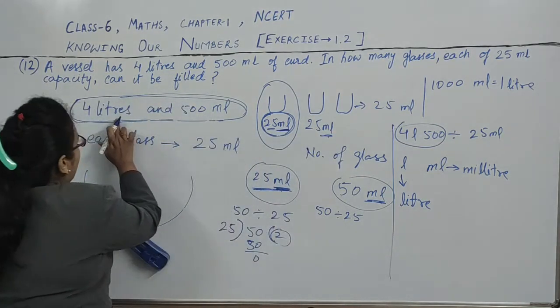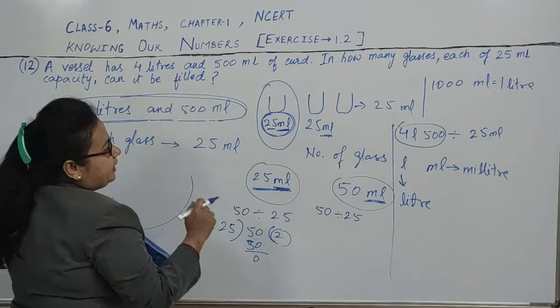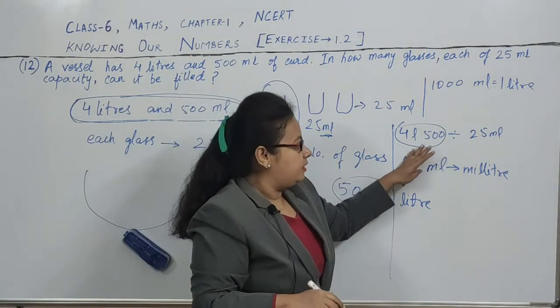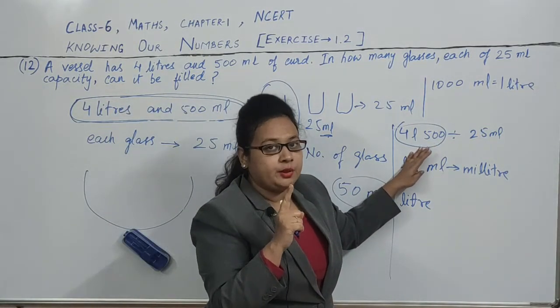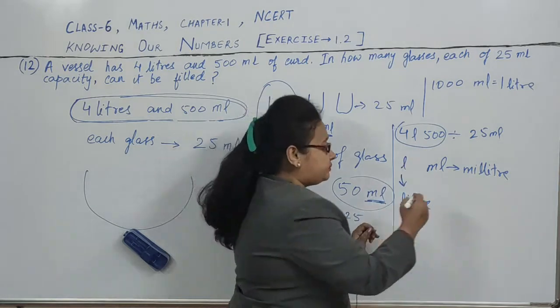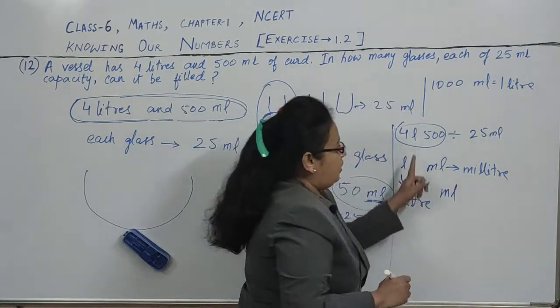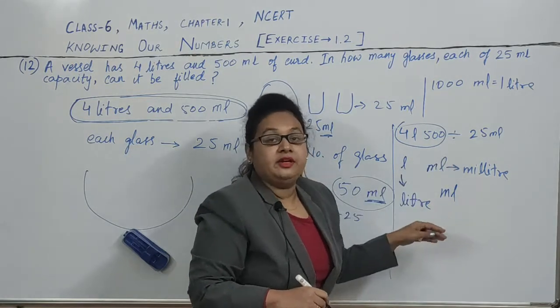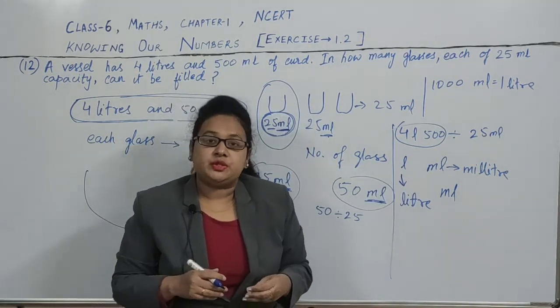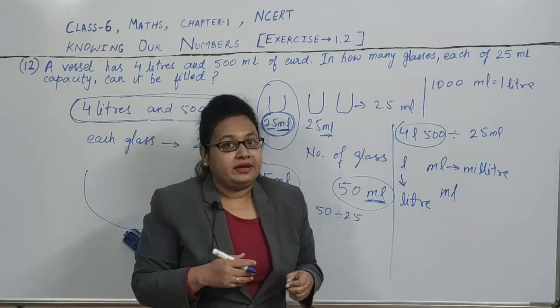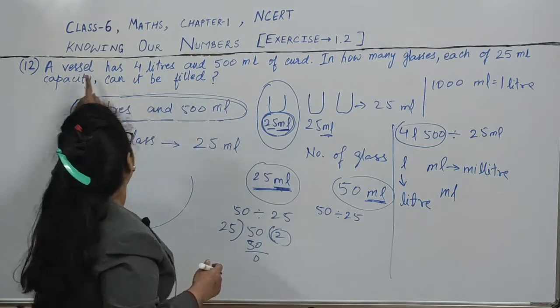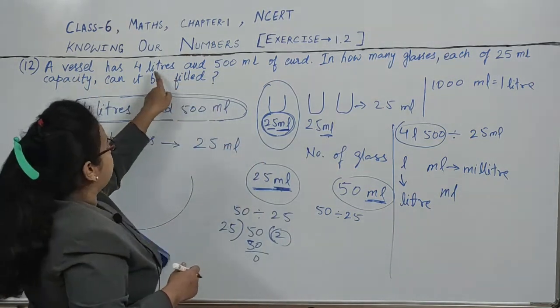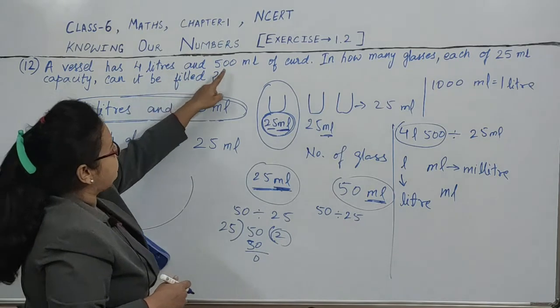This is in liter and milliliter combined, and the capacity of 1 glass is in milliliter, right? So we have to convert this liter into milliliter, because we cannot divide it. We have to take one single unit, only one unit. We will take milliliter. We will convert this liter into milliliter, and then we will do the division and find the number of glasses needed to fill the total curd, 4 liters 500 ml.